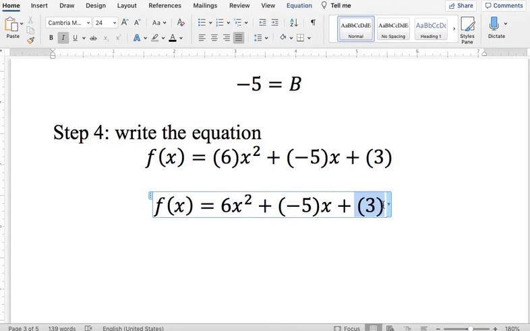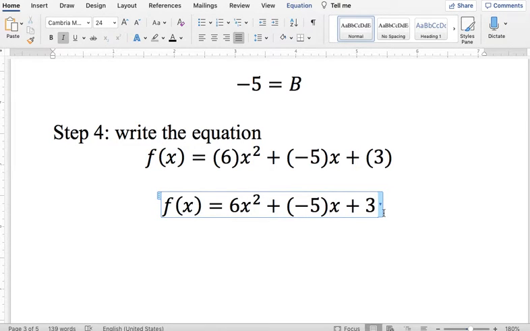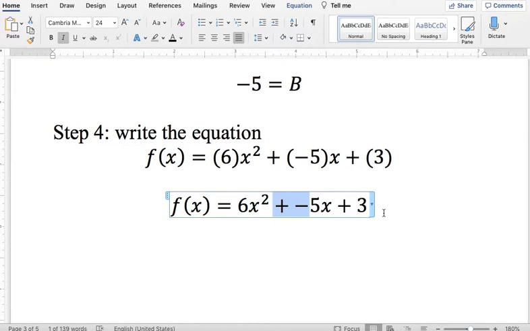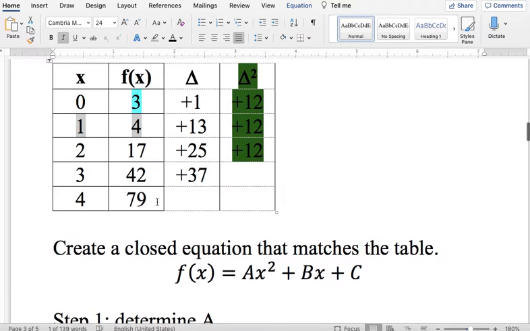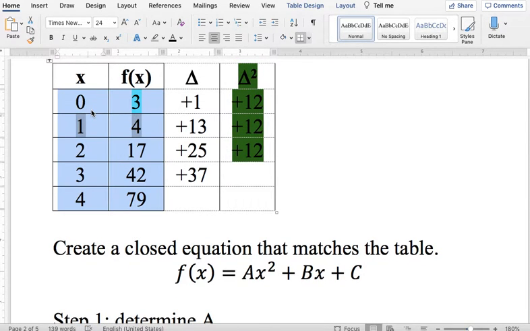Your 3 in parentheses in a term by itself is just a 3. And this parentheses also doesn't do anything. You can further simplify this because plus a negative is the same as just saying subtract. So there you go. You have your equation for a quadratic that goes through these points.